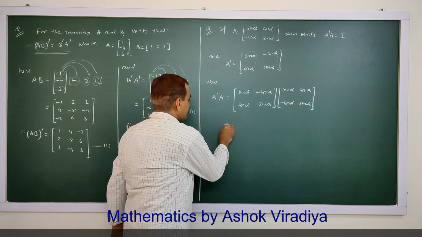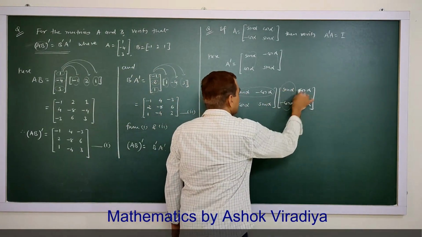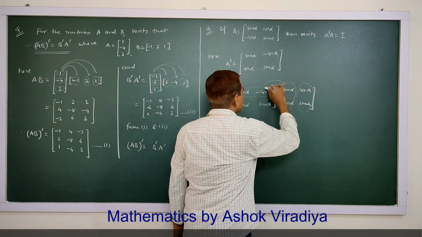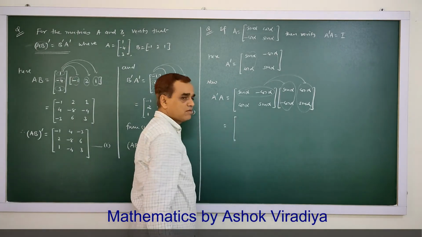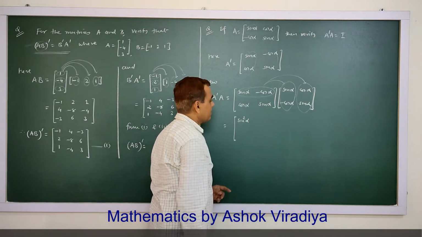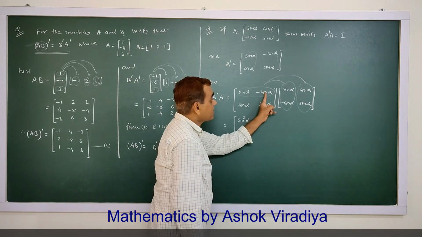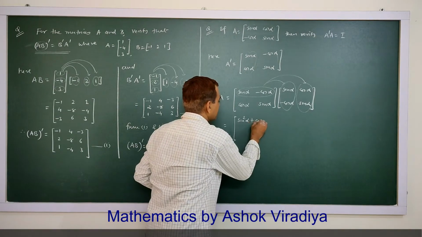Now multiplying this. First row we multiply with these columns. Sin alpha into sin alpha is sin square alpha, plus minus cos alpha into minus cos alpha is cos square alpha.